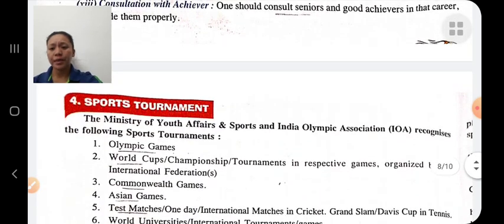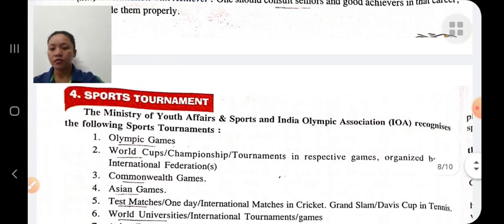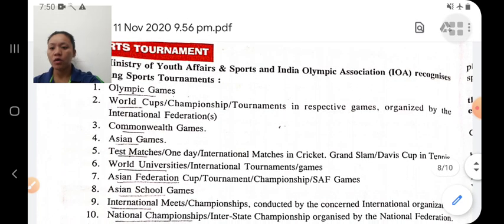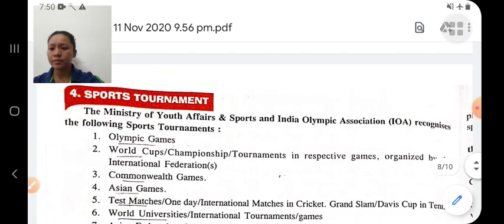Next is sports tournament. The Ministry of Youth Affairs and Sports and the Indian Olympic Association recognize the following sports tournaments to increase the sports culture in India: Olympic Games, World Cup, World Championship, World Tournament.